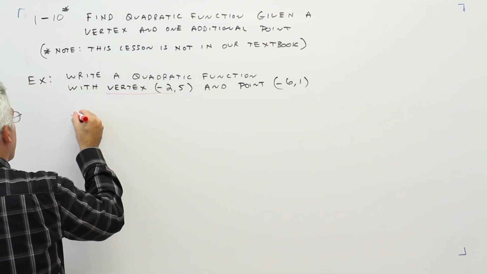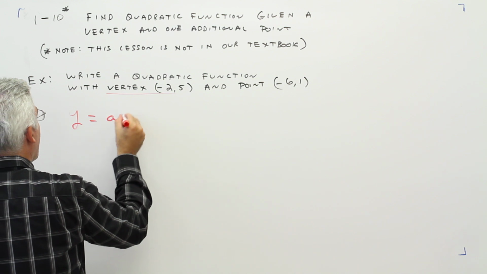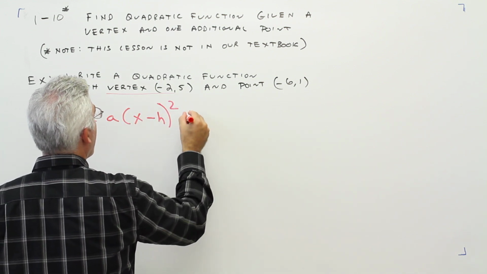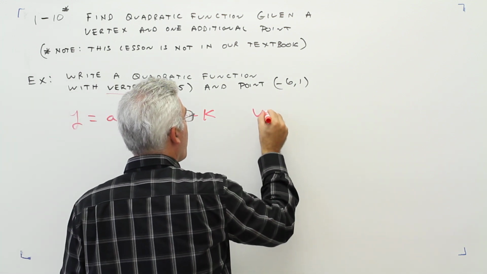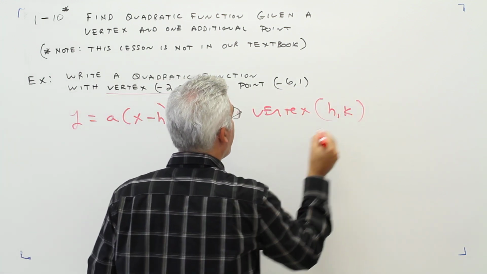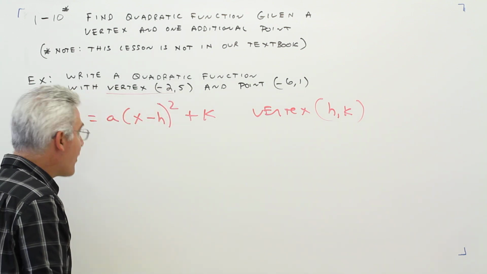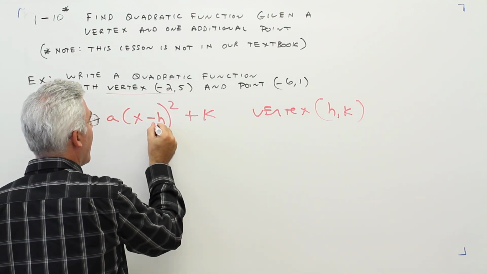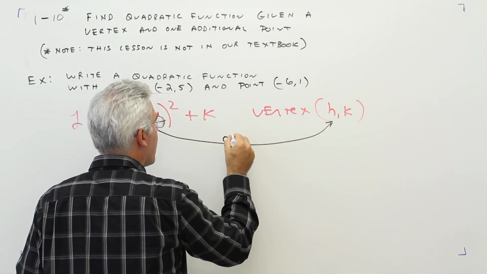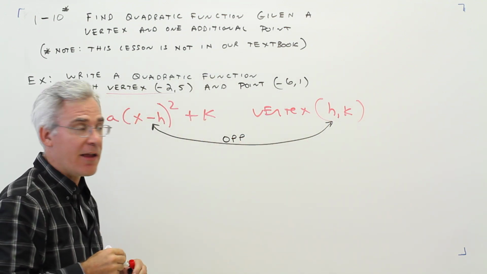Vertex form is y equals a times x minus h squared plus k, where the vertex occurs at h comma k. One thing to keep in mind is that this and this have opposite signs.